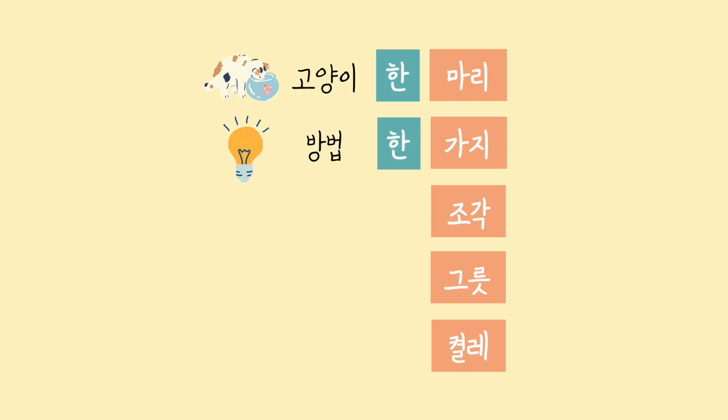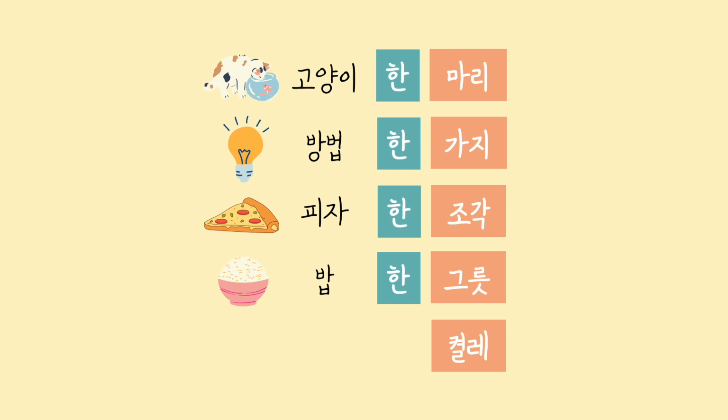For example, 고양이 한 마리. 방법 한 가지. 피자 한 조각, 밥 한 그릇, 신발 한 켤레.